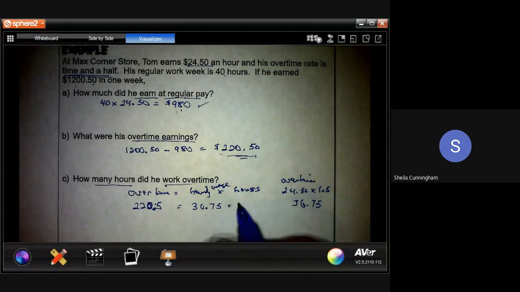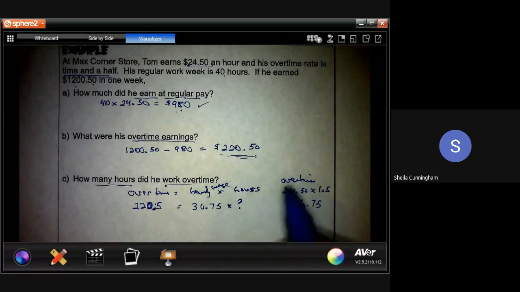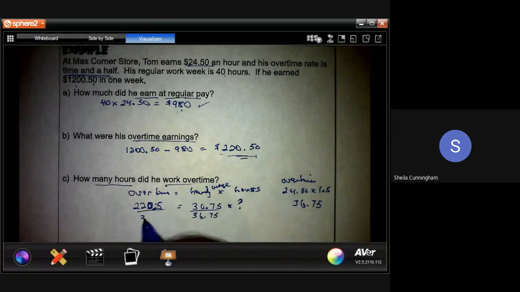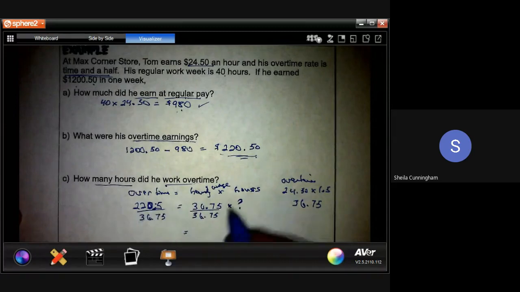We just don't know how many hours. So in essence here, because we are multiplying to find that, we're going to divide both sides by 36.75.